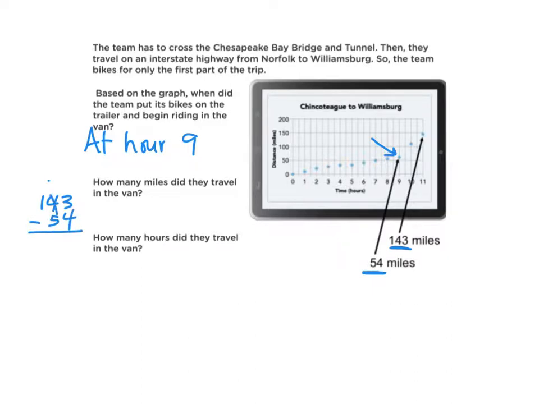And so we see that they would have done 89 miles in the van. And we have to think about how many hours did they travel in the van. Well, they got in the van at hour 9 and they ended at hour 11. So that would be 2 hours.